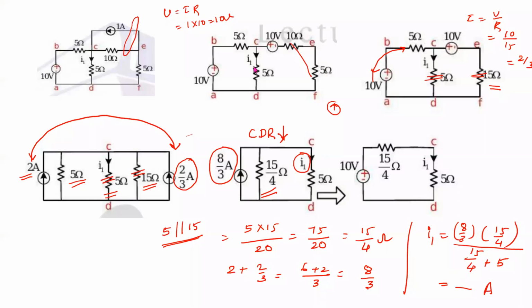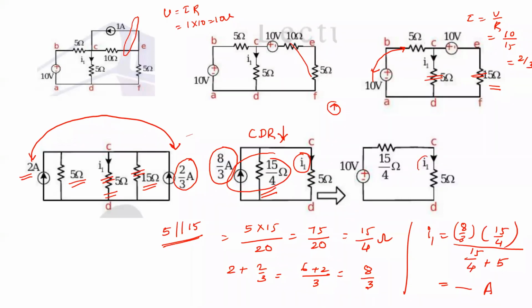It can also be calculated using the voltage division rule. Convert the current source in parallel with the resistance into a voltage source in series with the resistance.